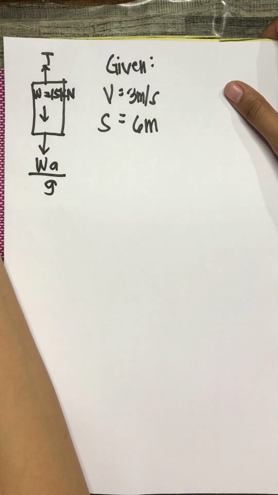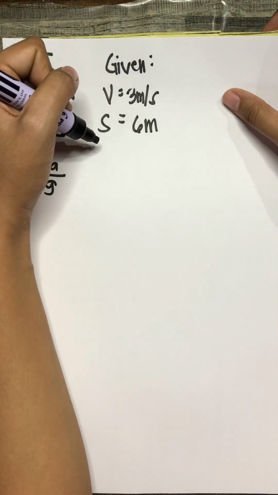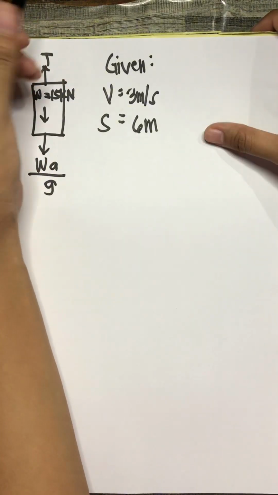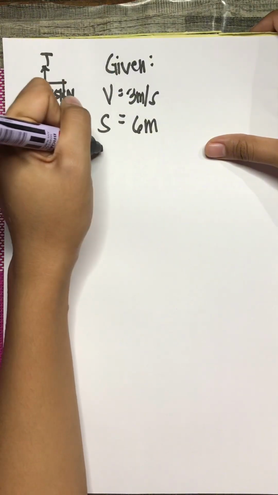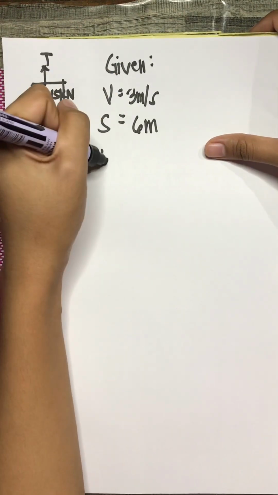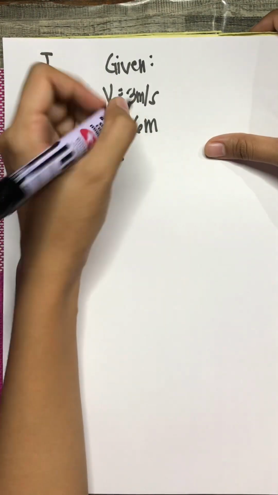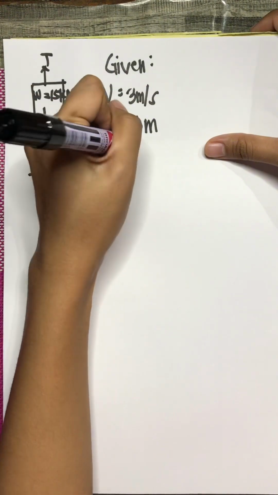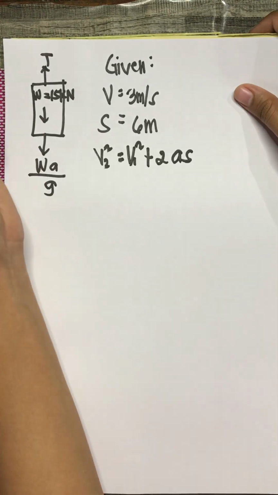As we all know, we use the formula of rectilinear motion to find the acceleration. So final velocity squared equals initial velocity squared plus 2as.